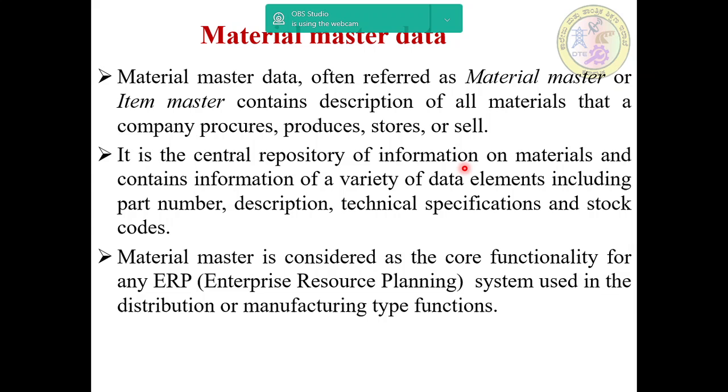For example, purchasing group or group of buyers responsible for a material, over delivery and under delivery tolerances, and the order unit. The next information is about engineering. Here, engineering and design data on a material. For example, CAD drawings, basic dimensions and design specifications.